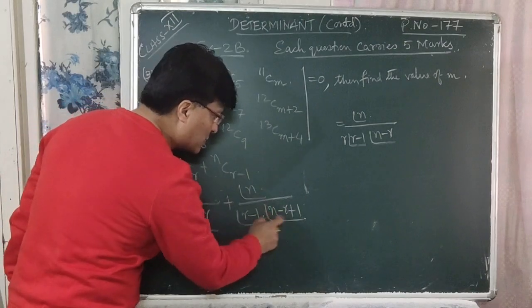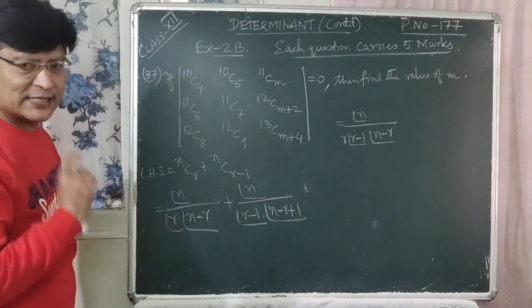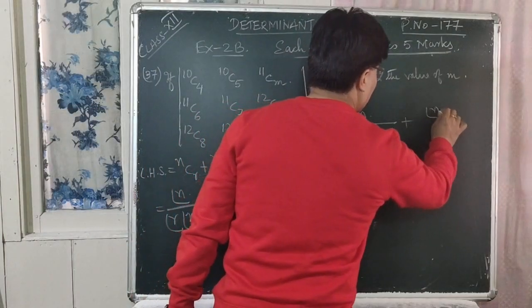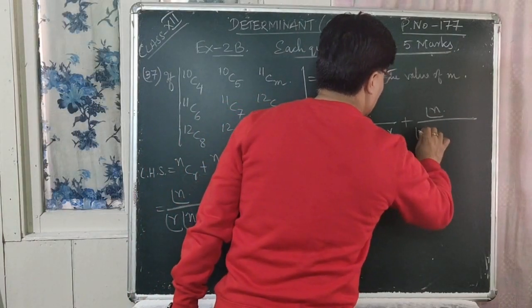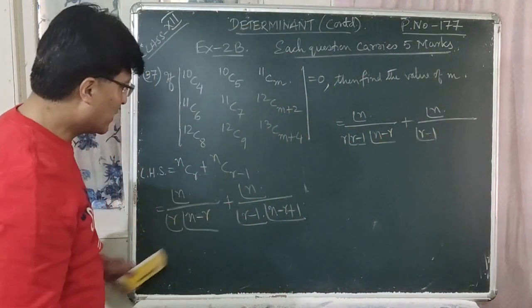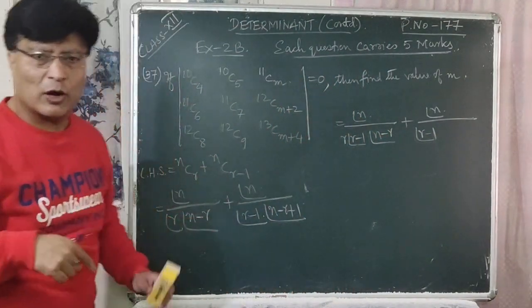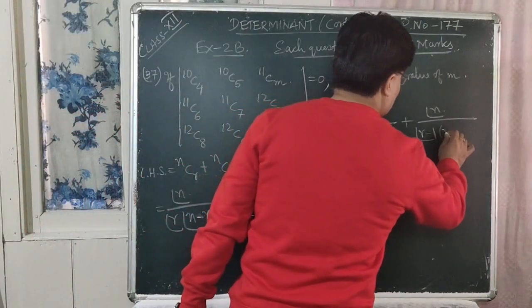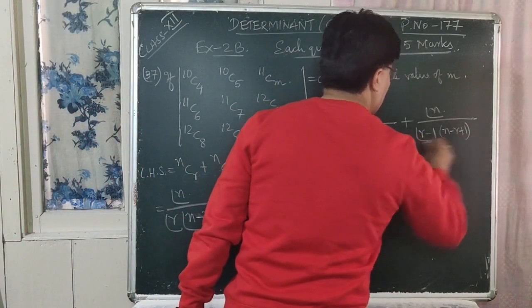So you have to break this term keeping n minus r as it is, right? So plus factorial n divided by factorial r minus 1, right? So you can break this term n minus r plus 1 up to factorial n minus r. That is, this is n minus r plus 1.